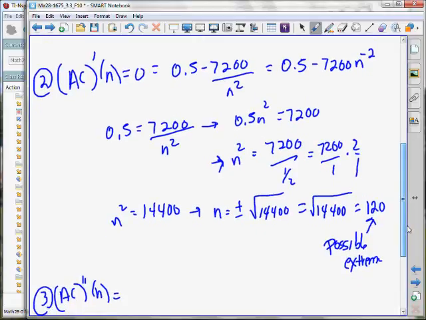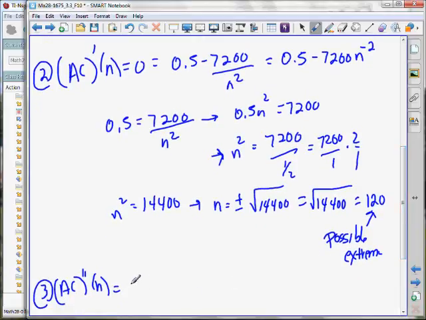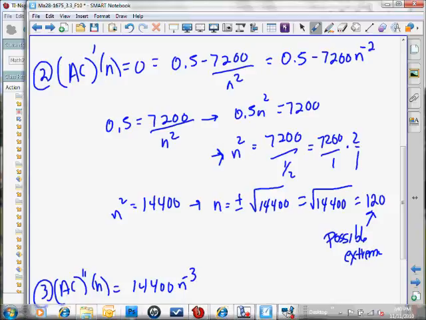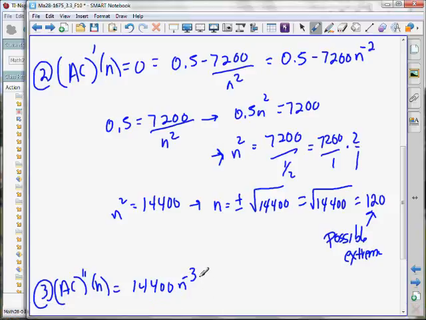Okay, so my second derivative then is going to be 14,400 n to the negative 3 power. So 14,400 divided by n cubed.